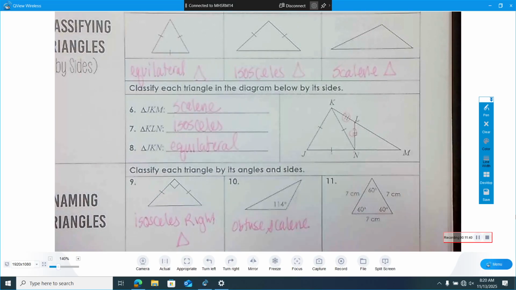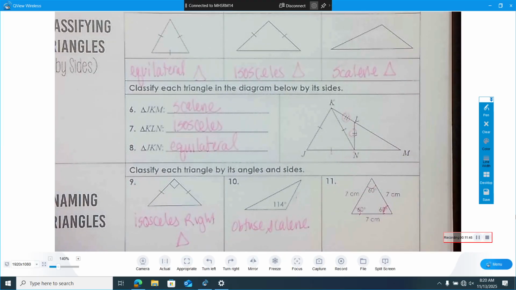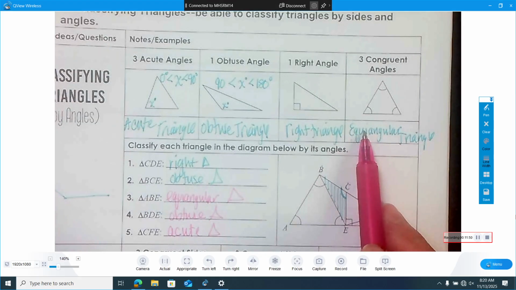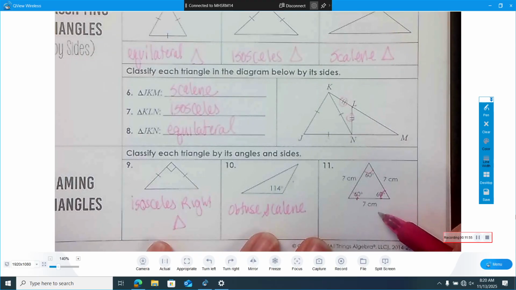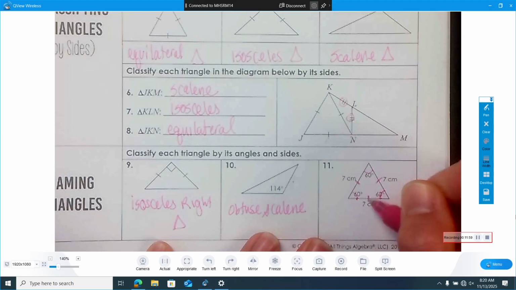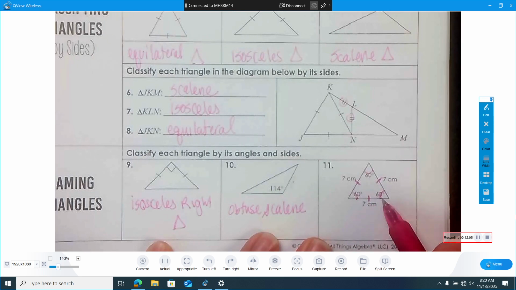Number 11, tell me about the angles. So when the angles are congruent, equiangular. And then we also have equilateral. Correct. So they put in some markings for me, so I'm going to go ahead and mark my angles congruent.